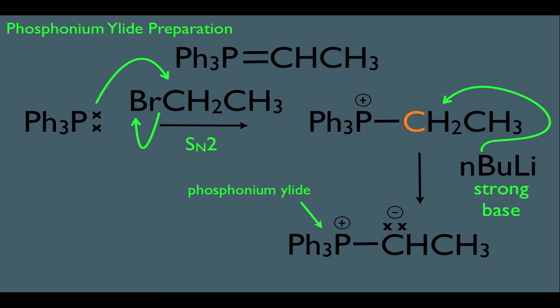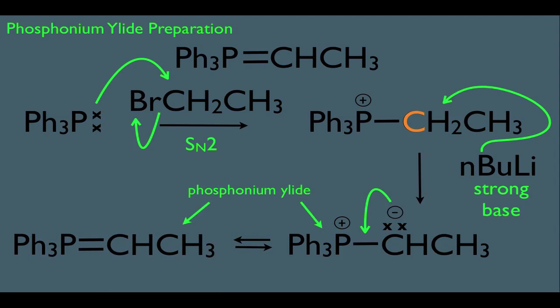If you can't see that right away, notice if you took the electrons on the carbon and dropped them down to here, which is basically performing a resonance move, then you would get this structure right here. Notice these are the two resonance structures of a typical phosphorus ylide. So our preparation of phosphorus ylides simply involves an SN2 reaction of an appropriate alkyl halide followed by a strong base.